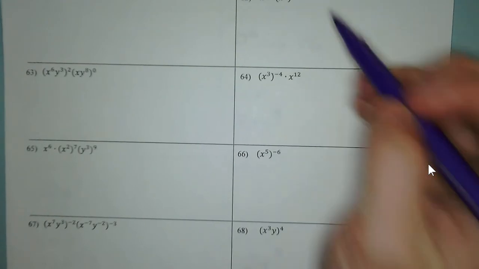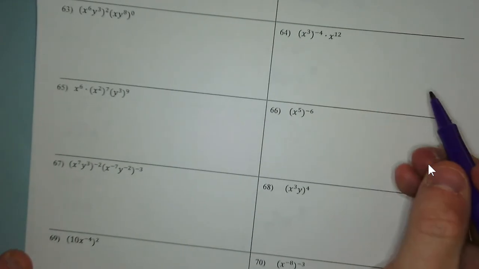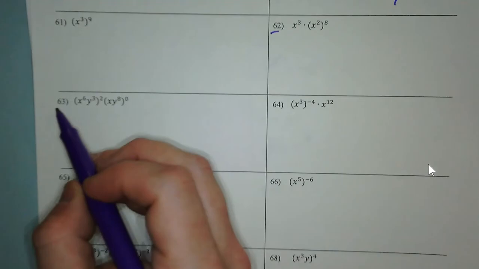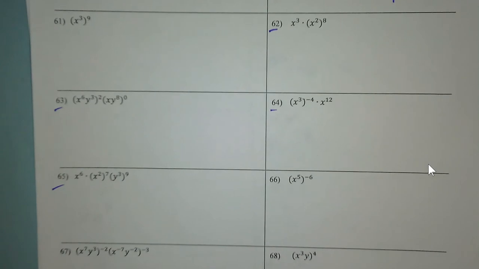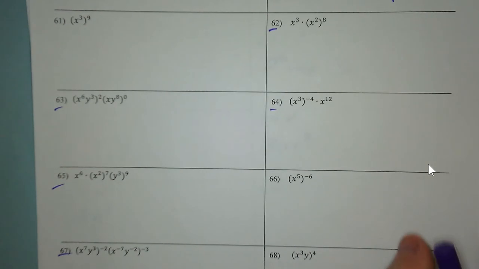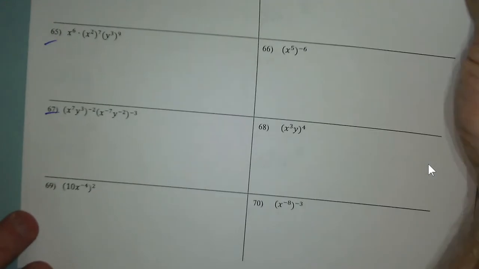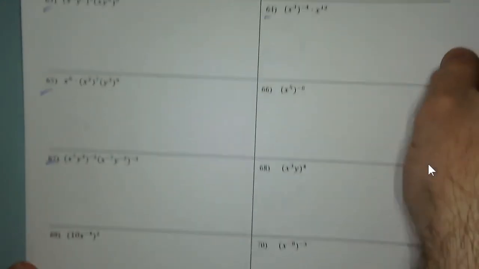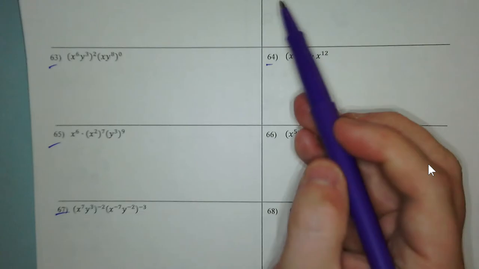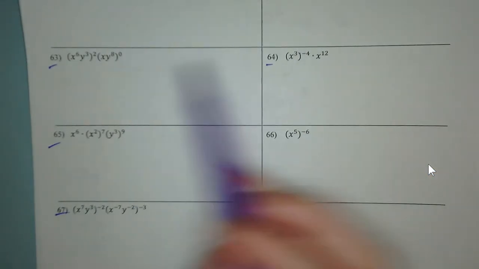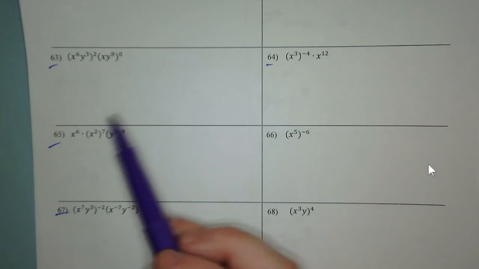Now again, when we get to a lot of these, number 62 and 63 and 64 and 65 and maybe 67, those 4 problems especially, there's a lot to do. 62, 63, 64, and 65.